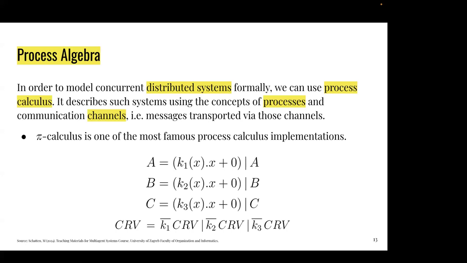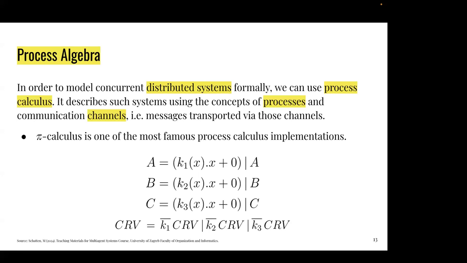Other than that, we have three communication channels, because we can describe systems which are distributed using the concepts of processes and communication channels. Now, communication channels in this example are K1, K2, and K3.